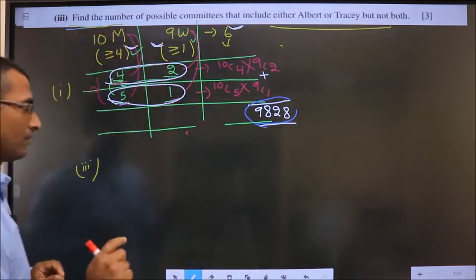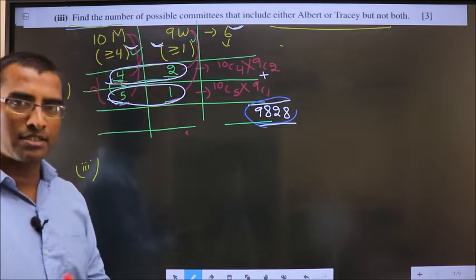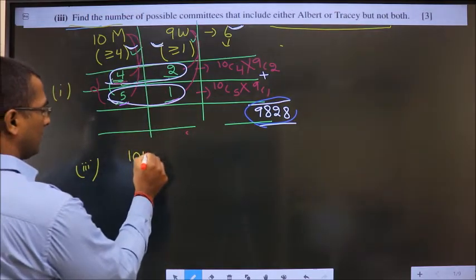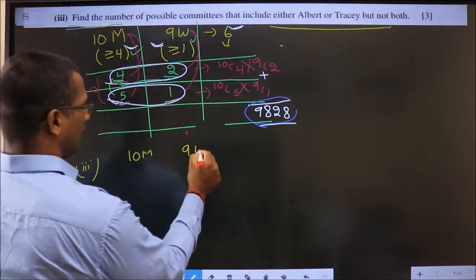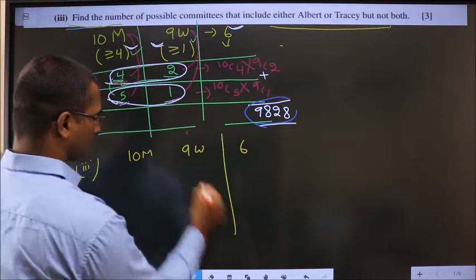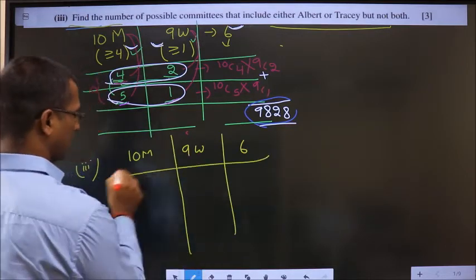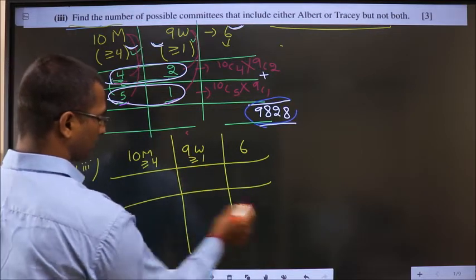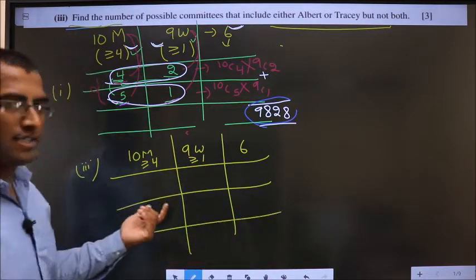See. Again I get multiple options, I will make a table. Same thing. 10 men, 9 women, you are selecting 6. Now see, here condition is same, greater than or equal to 4, greater than or equal to 1. Let us see.